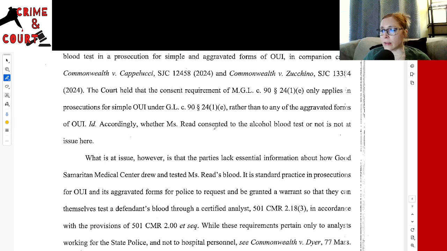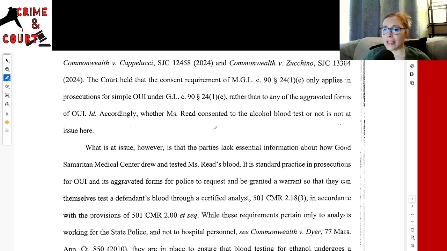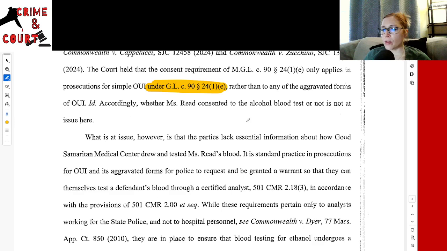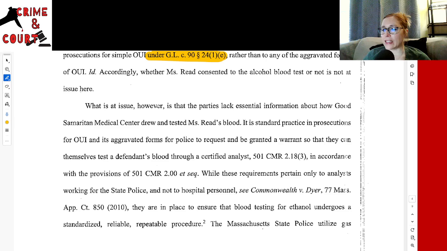The court held that the consent requirement of MGL 90 section 24 only applies in prosecutions for simple OUI under this particular statute, rather than to any of the aggravated forms of OUI. Accordingly, whether Ms. Reed consented to the alcohol blood test or not is not at issue here.